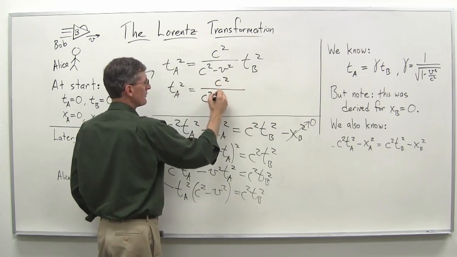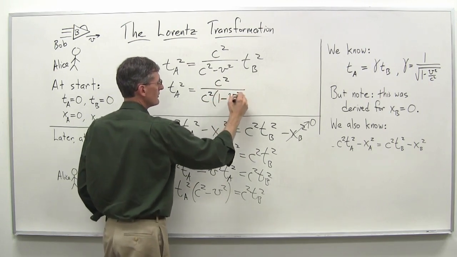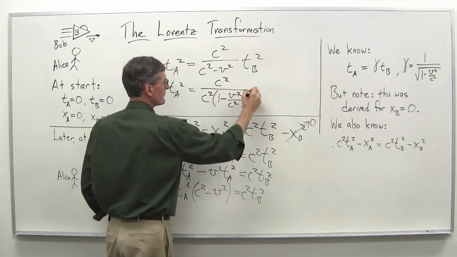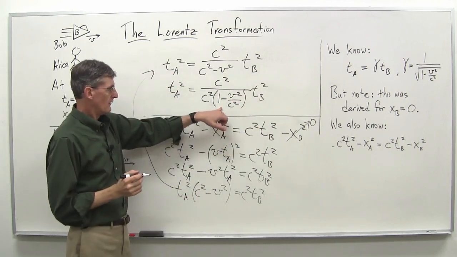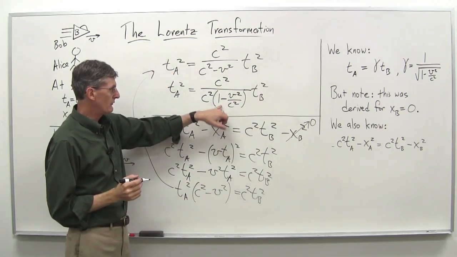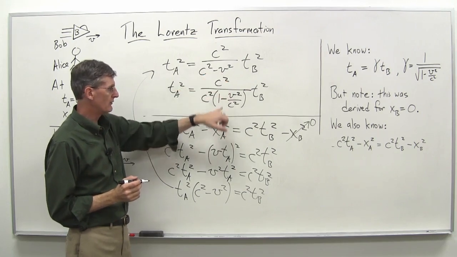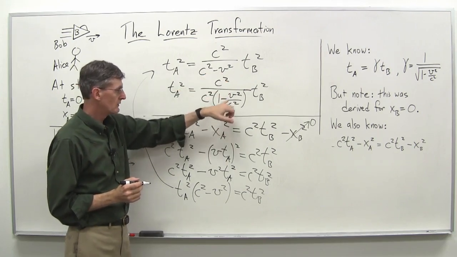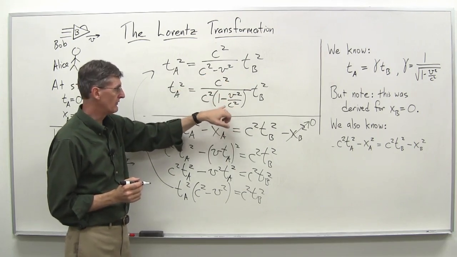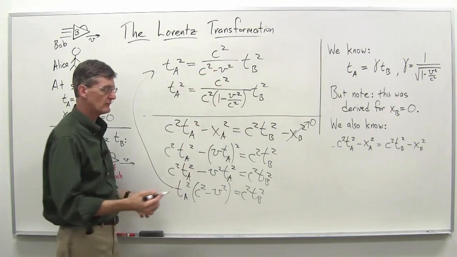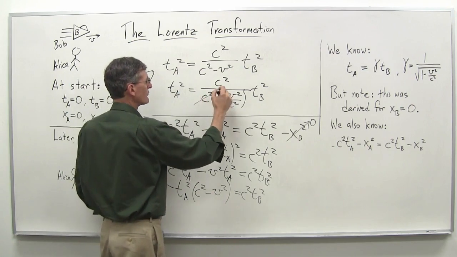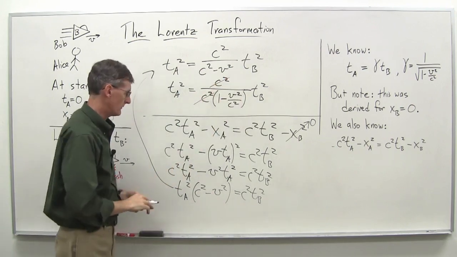So I can write c squared times 1 minus v squared over c squared, times tb squared. I can do that because I've got c squared minus v squared, so I pull out the c squared, and then I've got v squared over c squared here. The reason I did that, as you may see by now, is that I can cancel my c squareds.